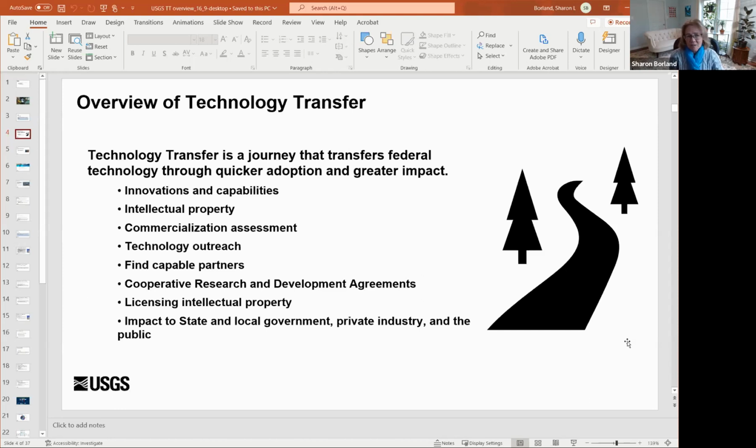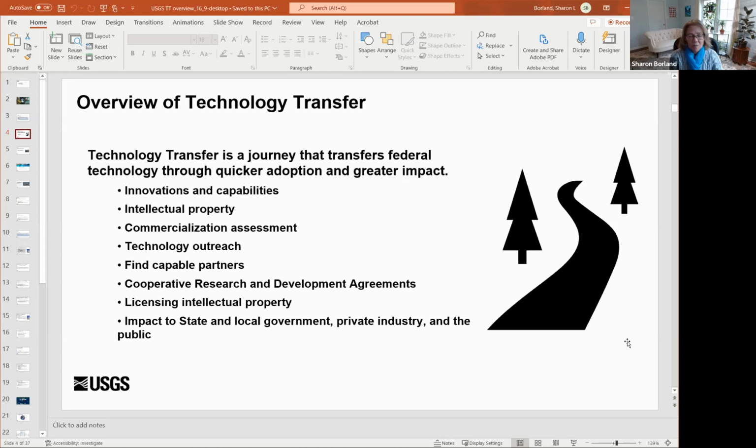And so shown here is just a list of activities and items to consider when we want to embark on federal technology transfer. We have innovations, we might have laboratory capabilities, intellectual property figures very importantly in technology transfer, and commercialization assessments to see whether or not a technology is viable for transfer.